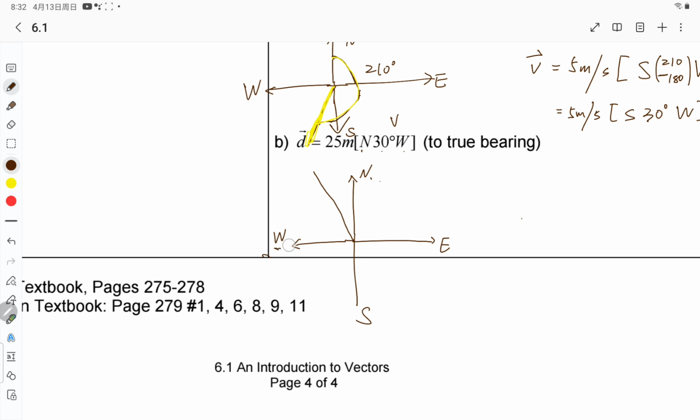The angle between the vector and the north line will be 30. So we identify the quadrant as north and west here.